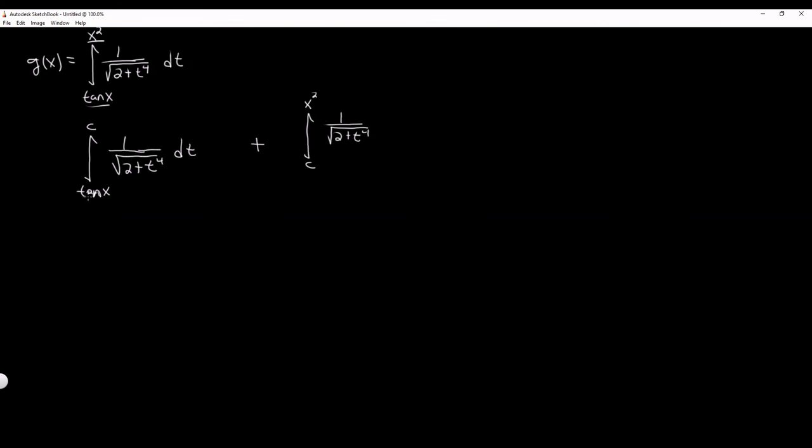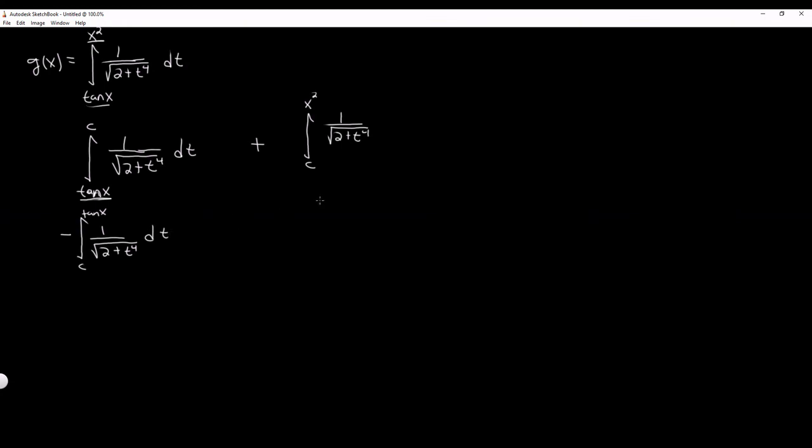As you can see here, we don't have a constant on the bottom. We actually have tangent of x. So in order to get the constant on the bottom and tangent up to the front, we switch the signs of this integral. So if we rewrote this, this would be negative from some constant c to tangent x of the function 1 divided by the square root of 2 plus t to the fourth dt.